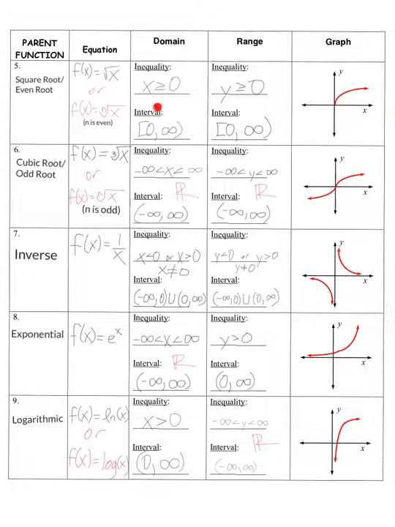And I know I haven't mentioned it: make sure you're writing x for the inequality notation on the domain and writing y for the inequality notation on the range. It's an easy mistake to make. A lot of times people will just write x's no matter what, because you write x's a lot in algebra. I also did say that this is the polynomial square root or even root function, because the square root is like root 2.